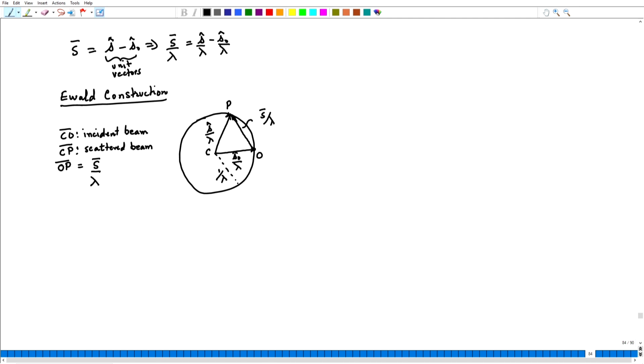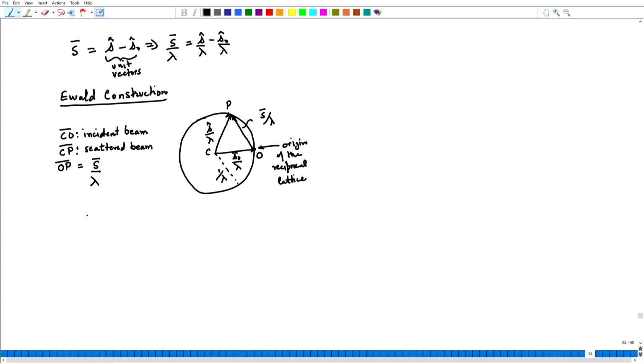Now, what we do is we take the point O as the origin of the reciprocal lattice.